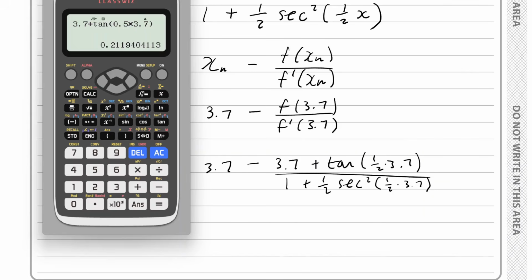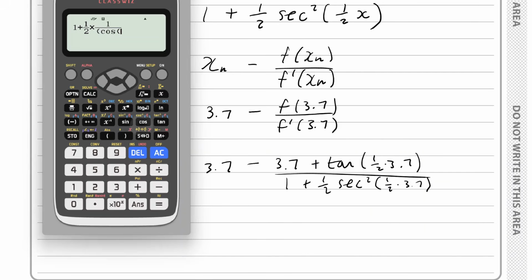It's 0.212. So I'm just going to store that as A. And then I'll move on to my denominator, which is 1 plus half of sec squared half of 3.7. So sec is 1 over cos. So it's 1 over cos squared half of 3.7.